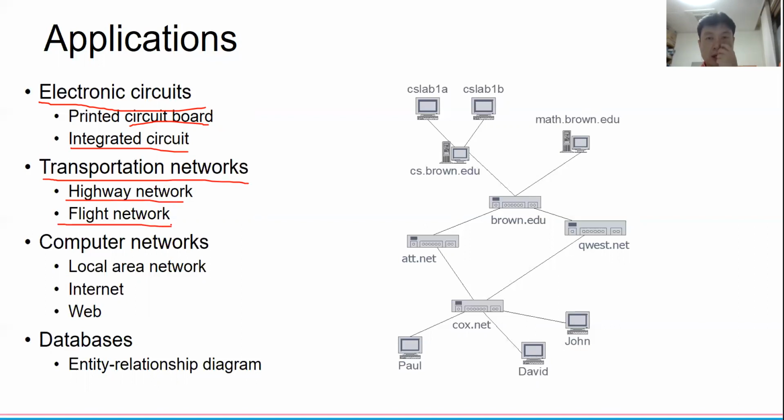Those kinds of networks can be represented by a graph. And this domain is very important in industrial engineering. So I'm expecting that your team project will be related to a transportation network, or something related to industry like the warehouse, or if you can deal with data analysis, that is also fine.